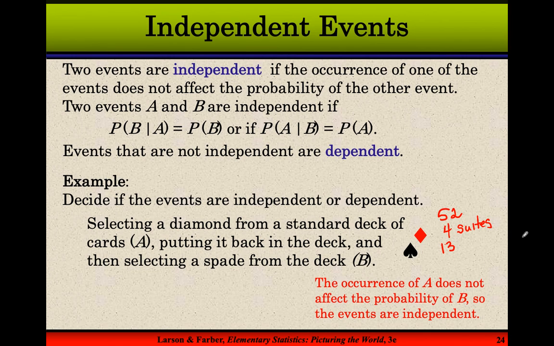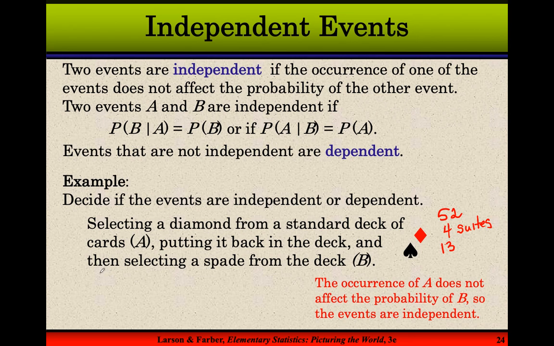What's the probability of selecting a diamond from a standard deck of cards, putting it back in the deck, and then selecting a spade from a deck? Is picking a diamond and then picking a spade, are those independent events or are they dependent events? Well, since I put the card back in the deck, the probability of picking a spade hasn't been affected by what I did the first time.